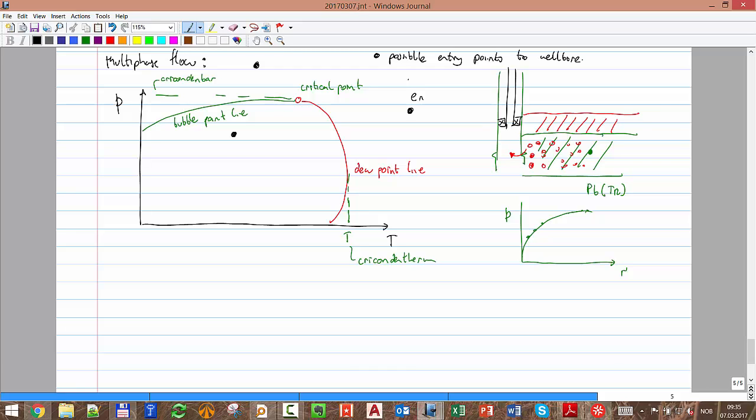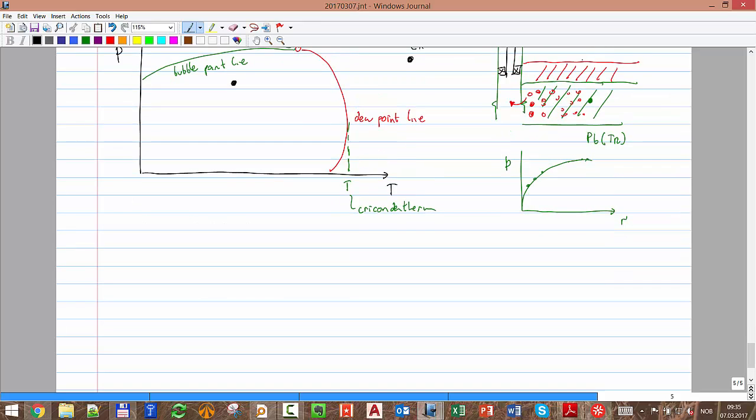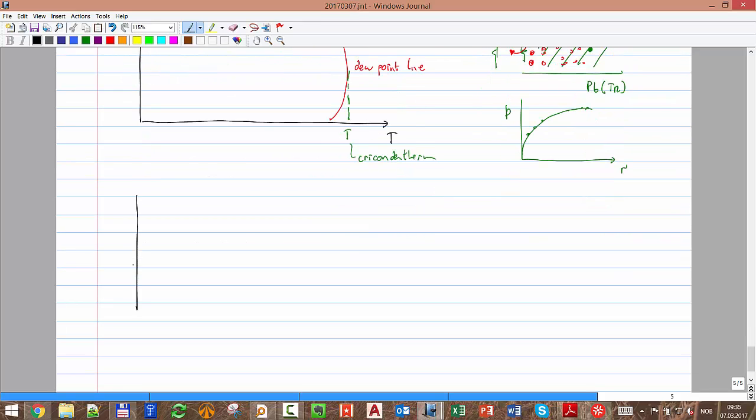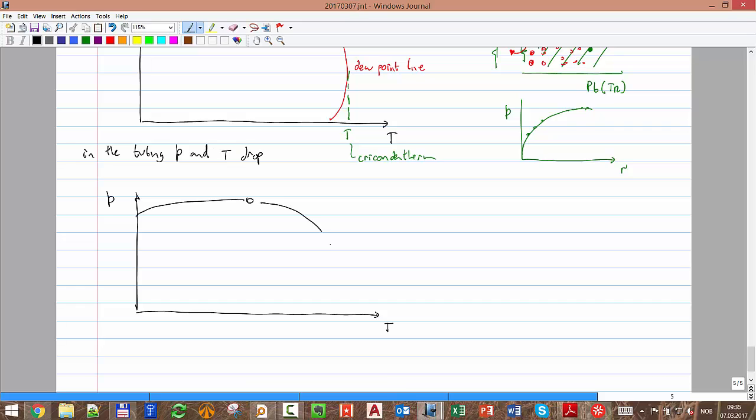But no matter what I have, the thing is that pressure and temperature are going to drop in the tubing. Let's imagine that I came initially, so I go down and down and down, and if you remember here, I have some iso-quality lines that tell me how much gas I have.